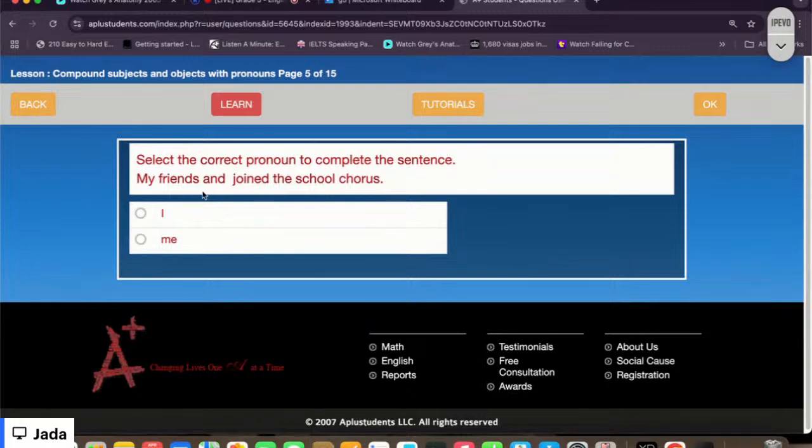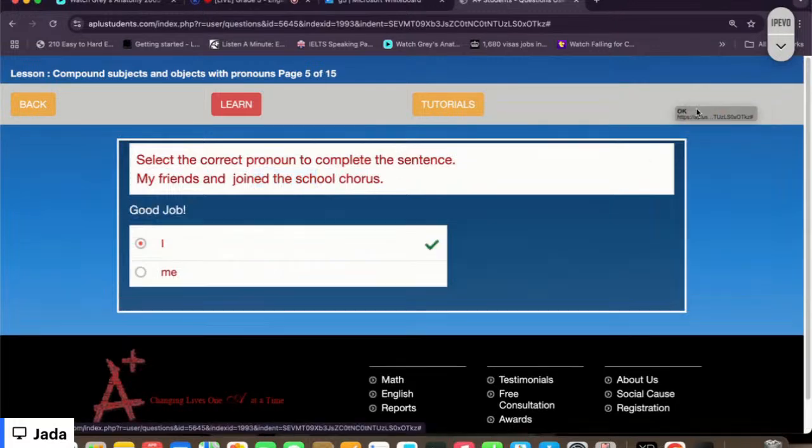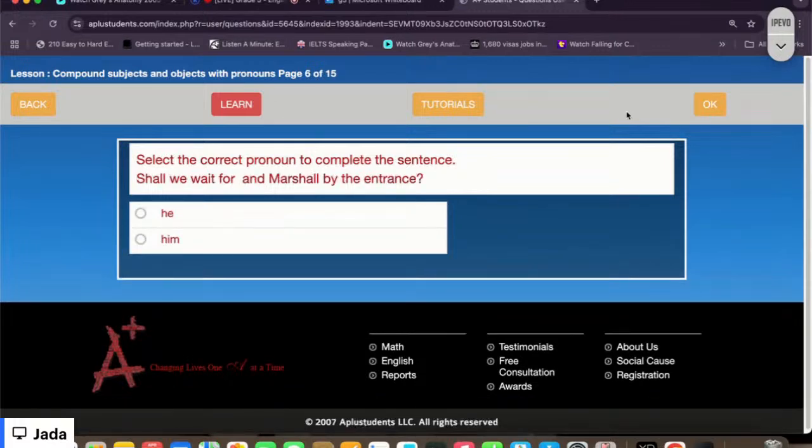So my friends and I. You can take away my friends and just put a subject pronoun and say I joined the school chorus. Okay. Shall we wait for dash and Marshall by the entrance? Shall we wait for he or him and Marshall at the entrance?